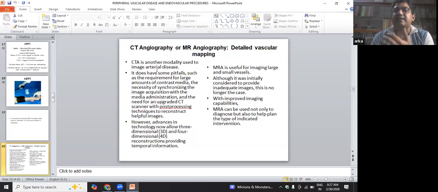Collaterals dictate the treatment options. It also gives us the planning for operation or amputation. So MR angiography will help in assessing the condition of the arteries and can also tell us whether we can go for amputation or not.